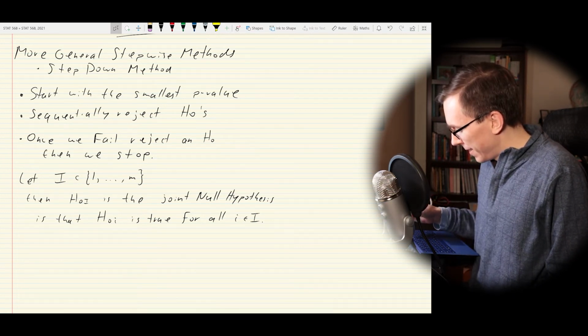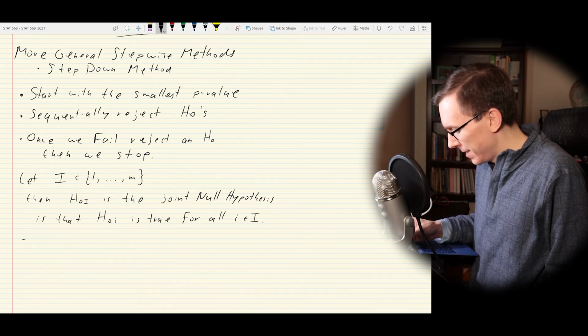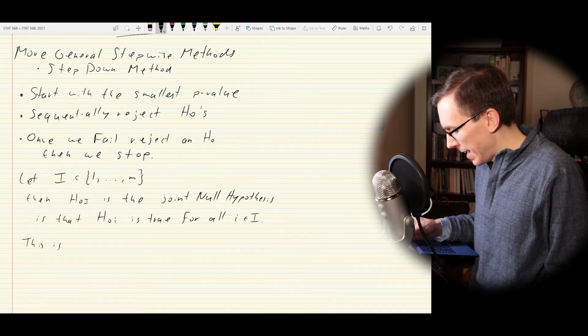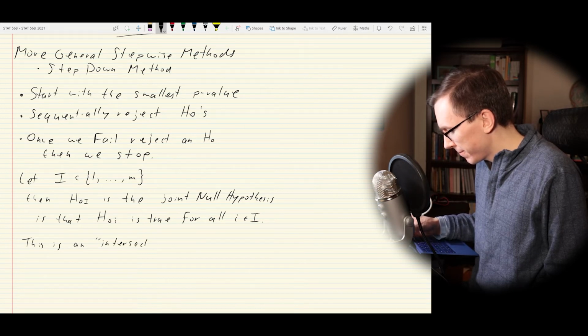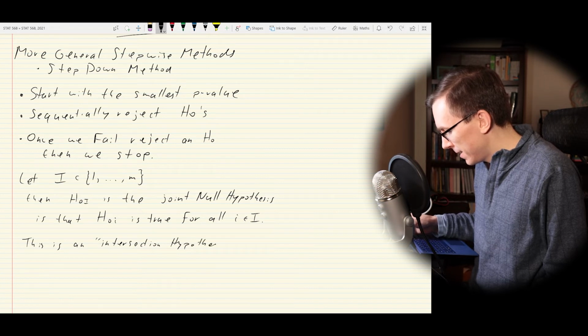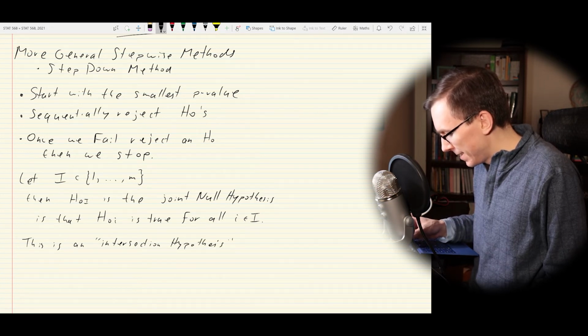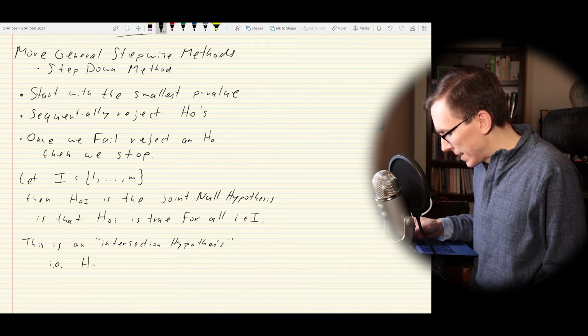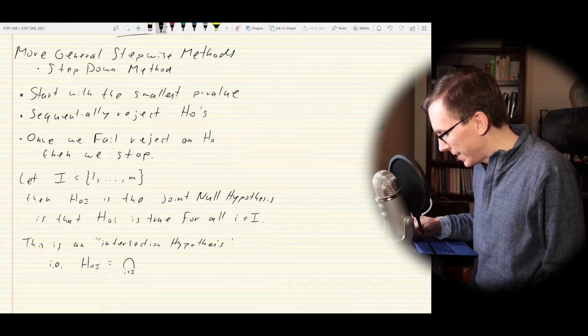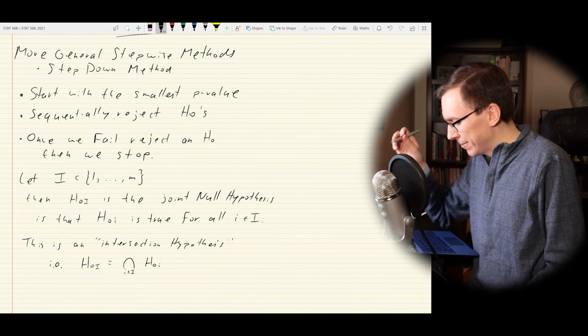Also, I should point out that this is an intersection hypothesis in the sense that, i.e., H naught capital I is the intersection over little i in capital I of H naught little i.